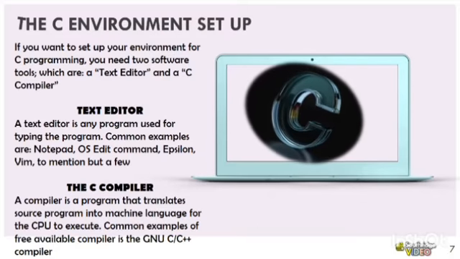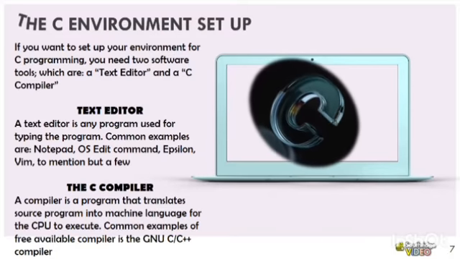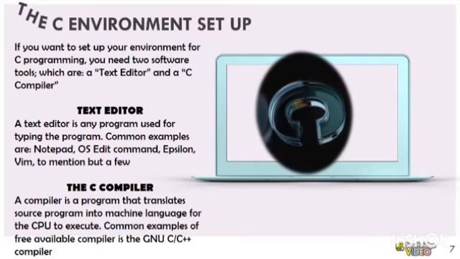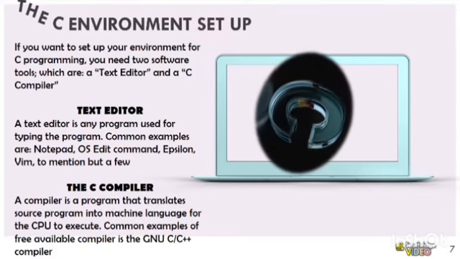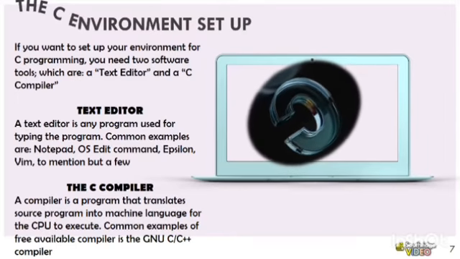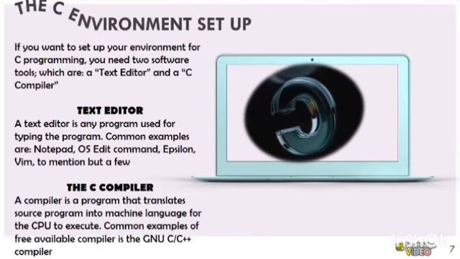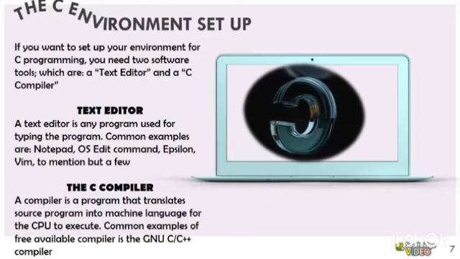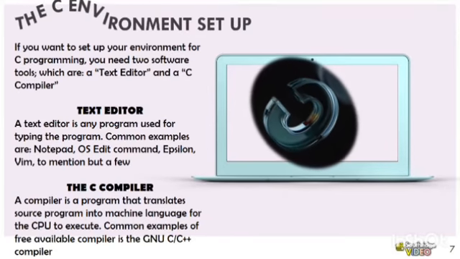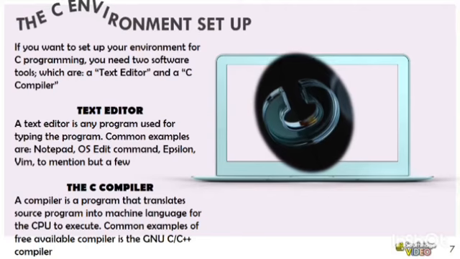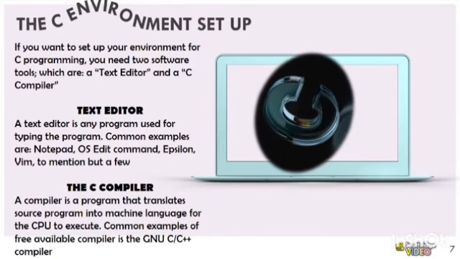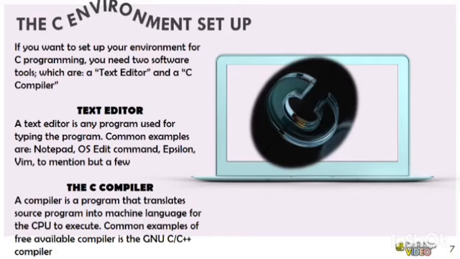Now, in order to set up my C environment, whether I'm a beginner or an expert, I need to be conversant with two things. The first is a text editor, and the second is a C compiler. The text editor is the program that I will use to type or code the C program, an example is Notepad.